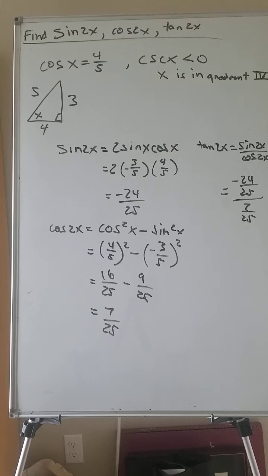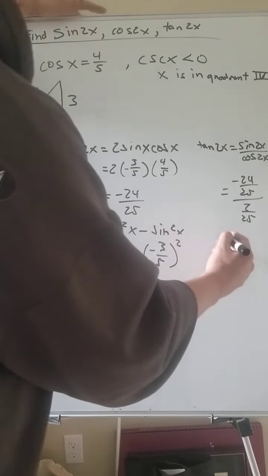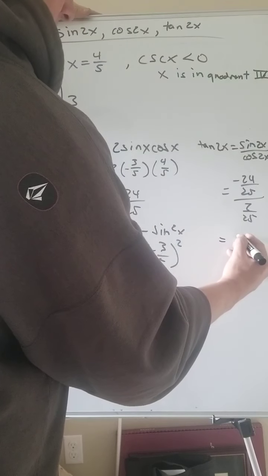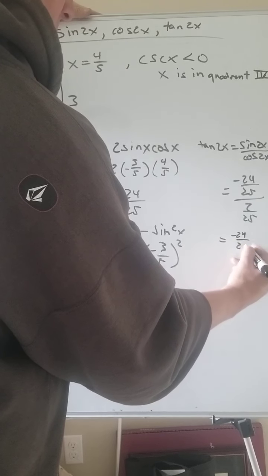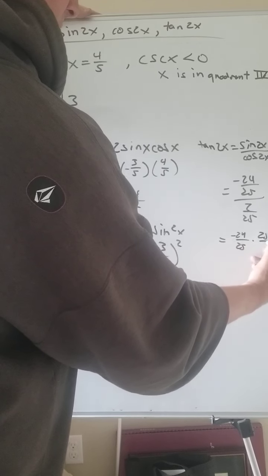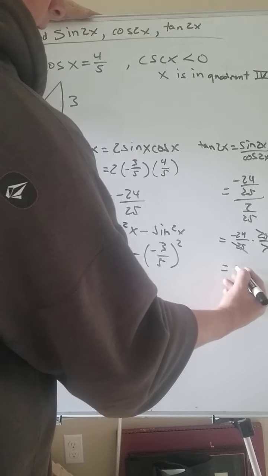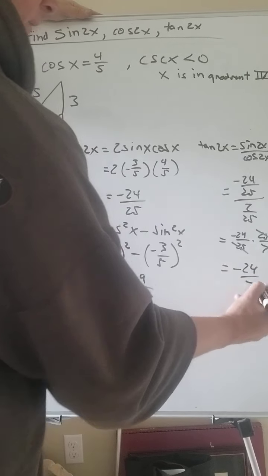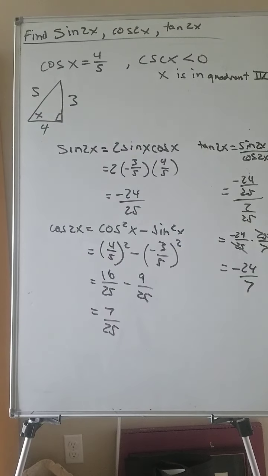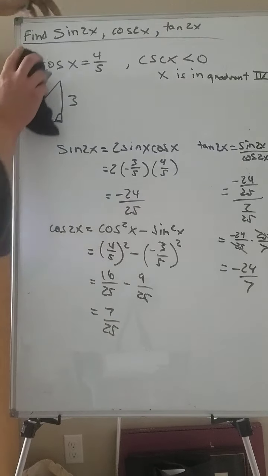Now I have a fraction divided by a fraction, so I get negative 24 over 25 times 25 over 7. The 25's cancel, and I get negative 24 over 7. So we found sine of 2x, cosine of 2x, and tangent of 2x. So that's the idea. Hope everyone has this.